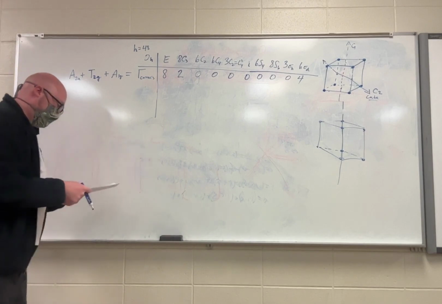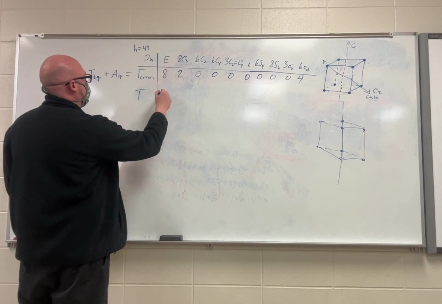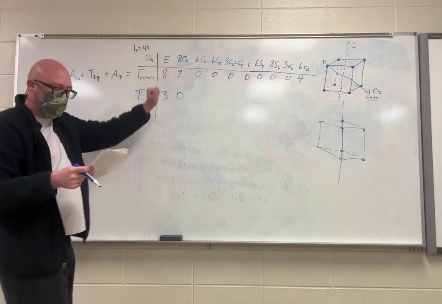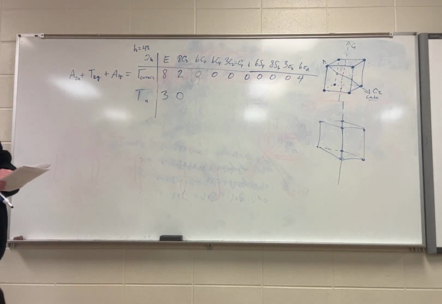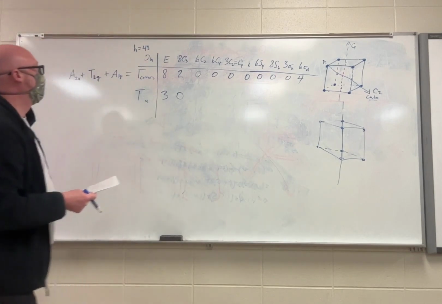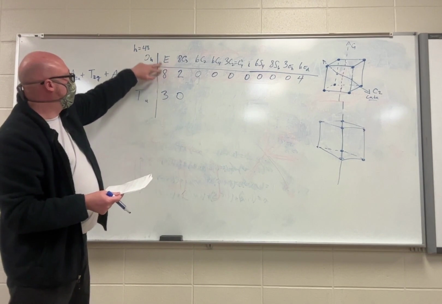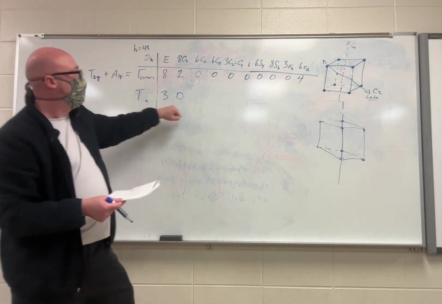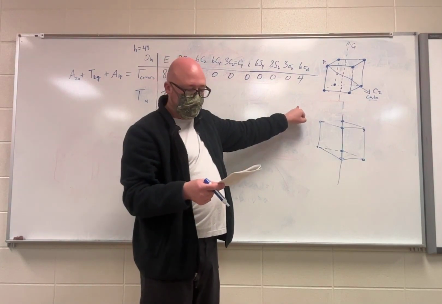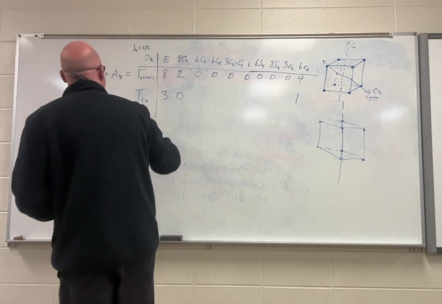Let's check. And both T1U and T2U have characters of 3 and 0 under E and 8C3. You only need to look at the character under the sigma D to determine which one contributes to the reducible representation. So this gives you plus 24. So we need a plus 1 here. That's the T1U irreducible representation. So that equals.